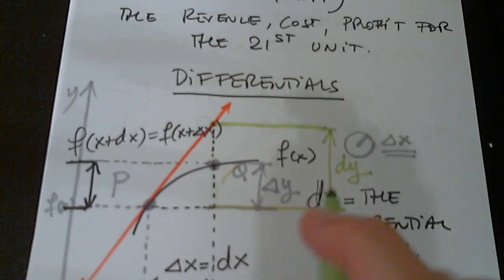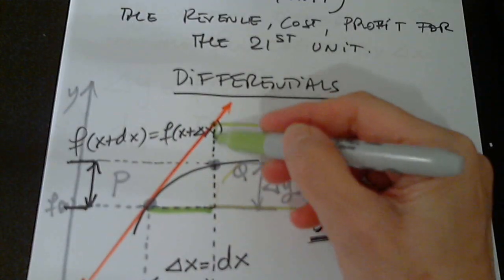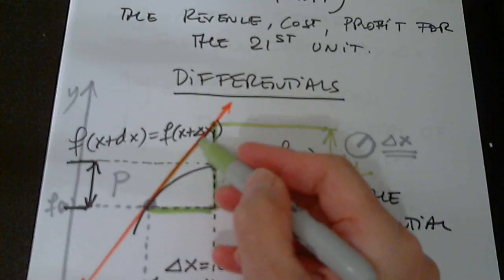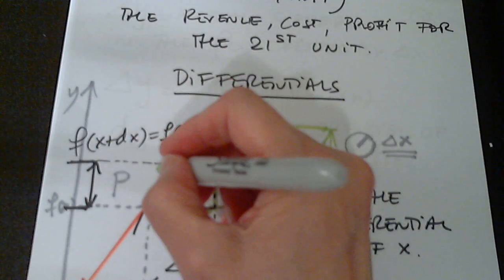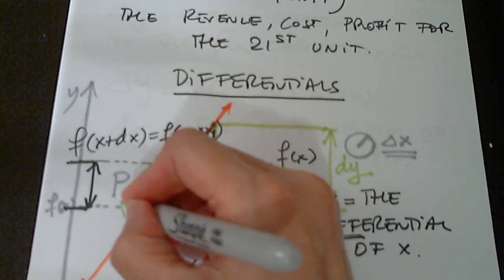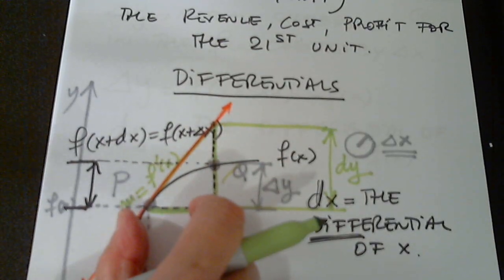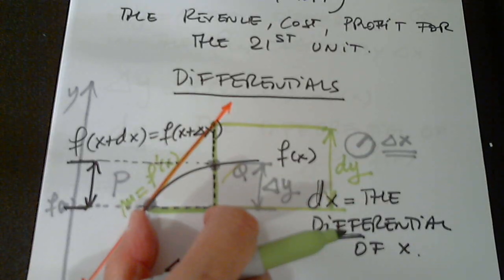How do I know that? Because this is dx, and the slope of this line, you already told me on the previous problem, is f prime of x. That's the slope. And the slope is rise over run. And the other notation of f prime is dy over dx.